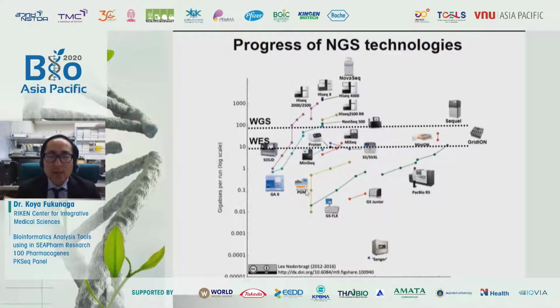Currently, NovaSeq can produce sequencing data consisting of 30 genomes in 2 days per one flow cell. Therefore, we can conveniently perform WES and WGS. This is the general sequencing process utilized in NGS platforms.